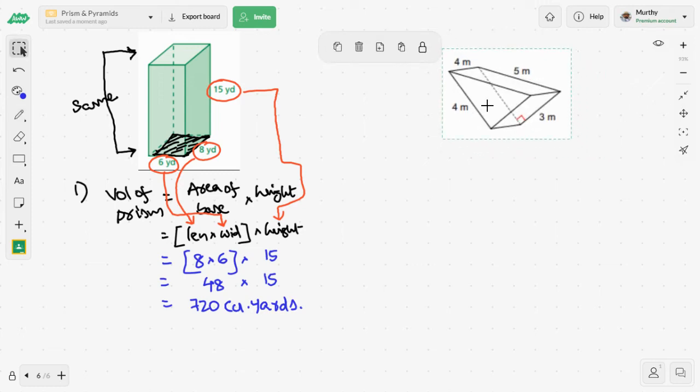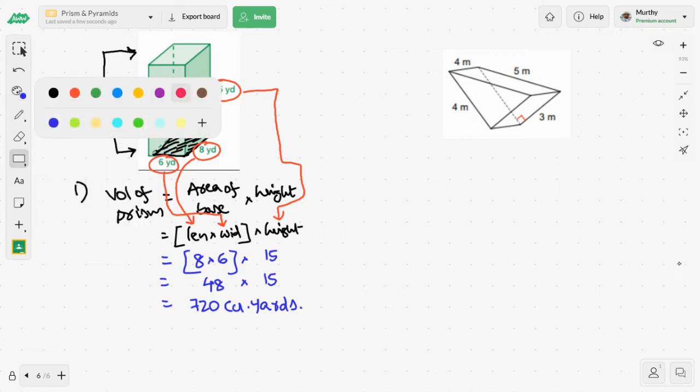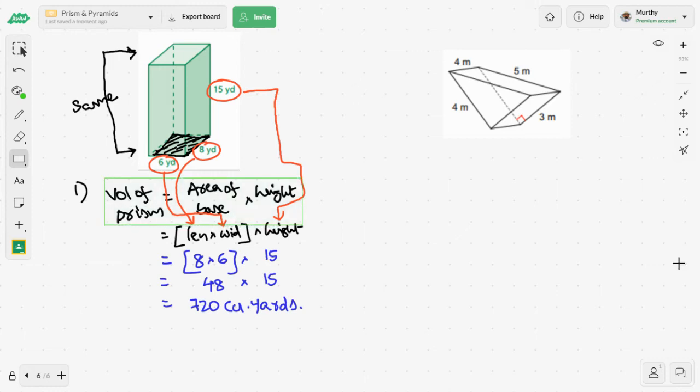Say that this one seems to be something like a piece of cake. Then how do we find the volume of this? So we take again the same formula. Don't forget, guys, the formula is to always be remembered. It should be memorized. So here, volume of prism equals area of base times height.